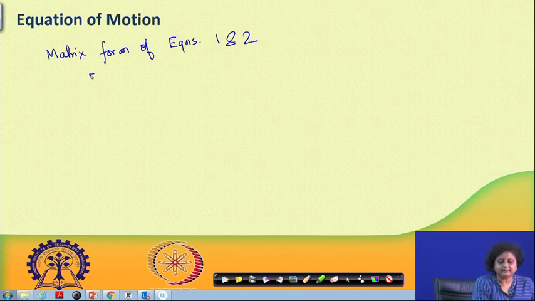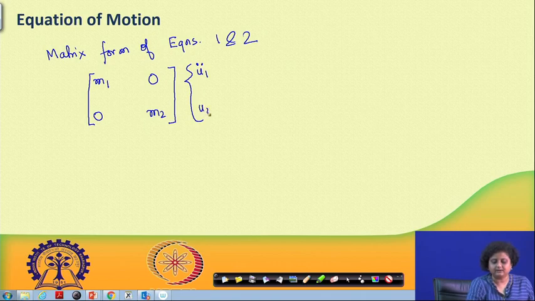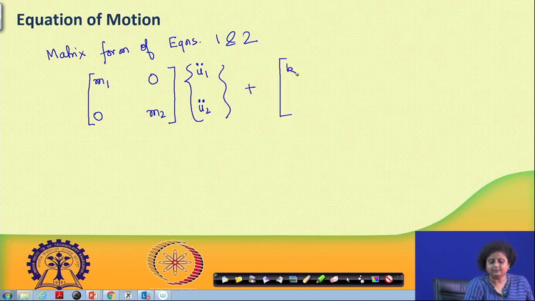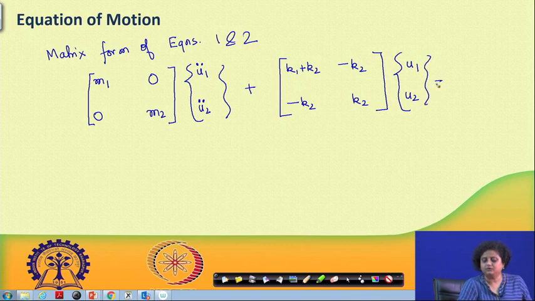They will look something like this: [M1 0; 0 M2] into [U1 double dot; U2 double dot] plus [K1 plus K2, minus K2; minus K2, K2] into [U1; U2] is equal to 0. Let me call this equation 3.